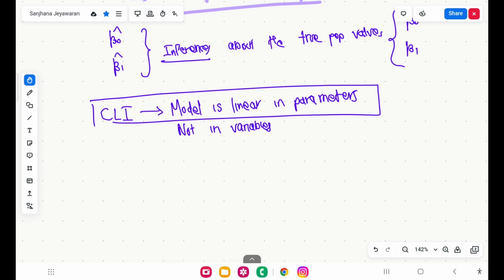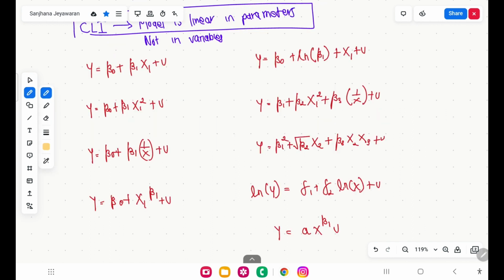If I give you an example, you will easily identify what we mean. In the first one, the model is linear in parameters, beta naught and beta 1. And it's linear in the variables as well.